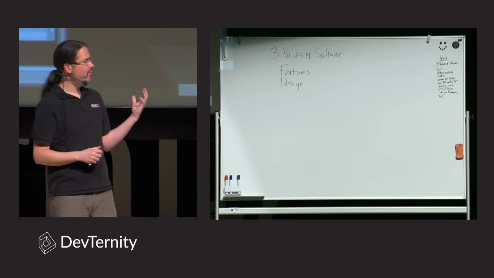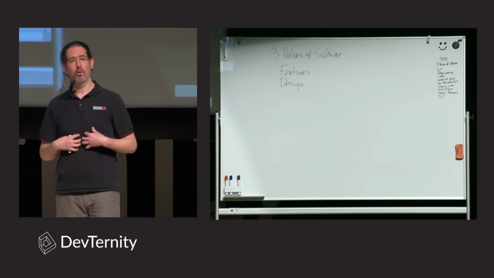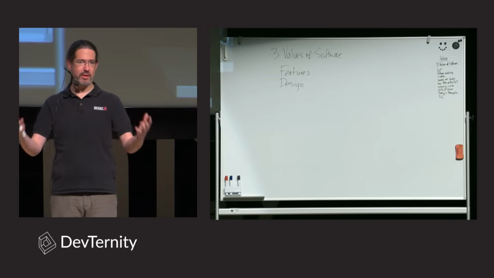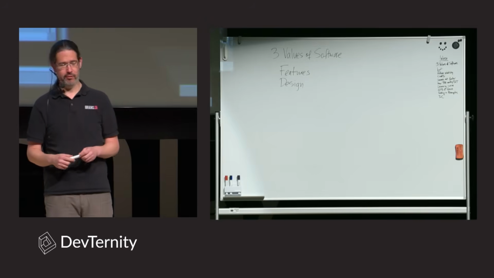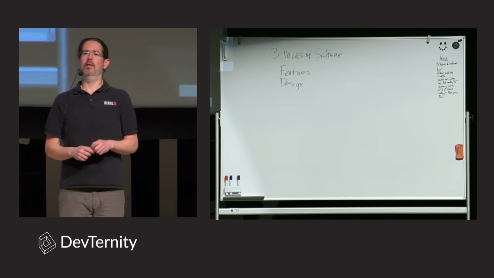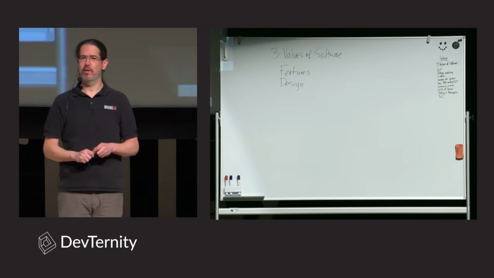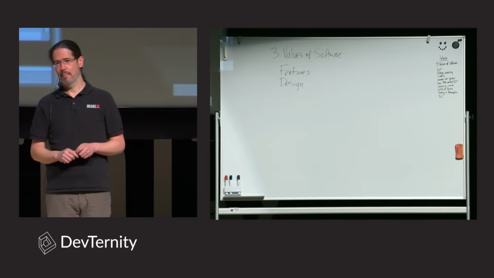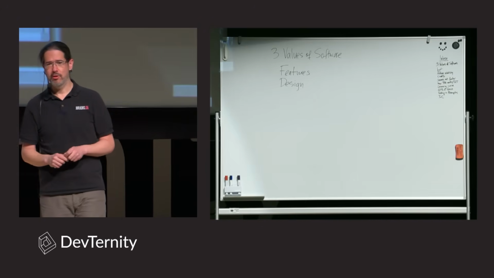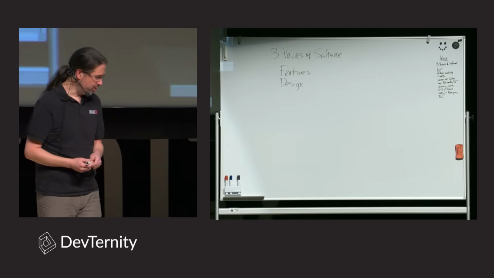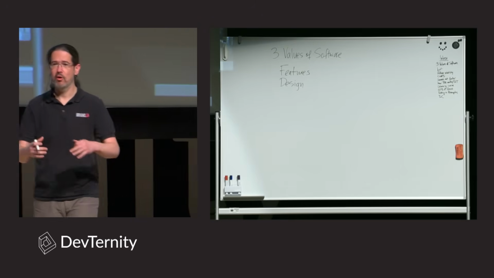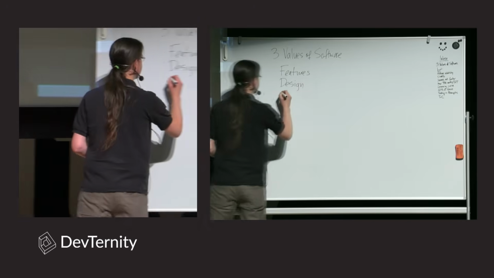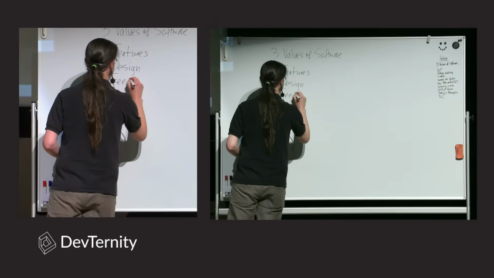But the second value of software that I tend to focus on, the one where I am probably the most interested these days, the one that certainly I've been teaching about the most over the last 15 years, I shouldn't be old enough to say over the last 15 years, but over the last 15 years is the design. And I want to focus a little bit of energy on this. But before I go there, since I don't want you to sit there going, well, wait, what is the third value that he's going to talk about? I'll just let you know what that is right now. That's feedback. I'll come back to that in a moment.